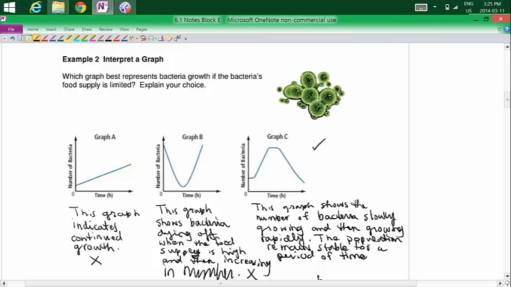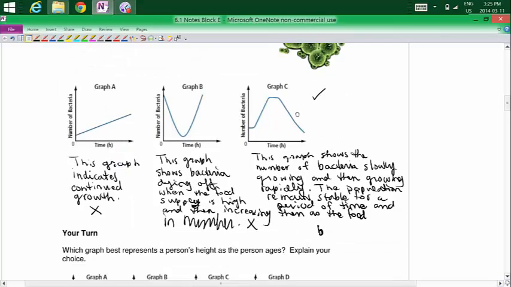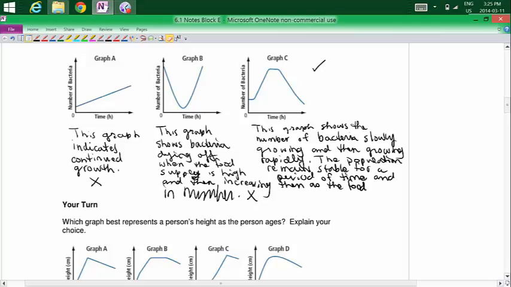And then as the food supply ends, the bacteria will die off.